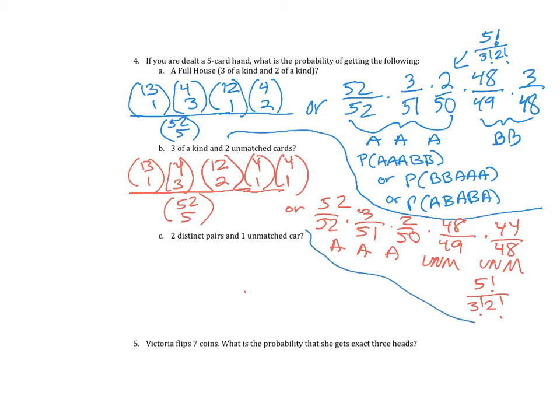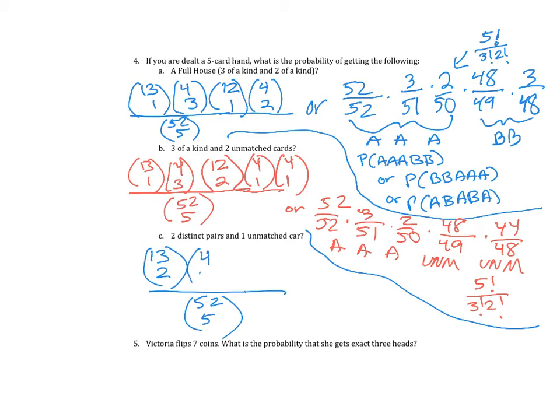Part C here is I want 2 distinct pairs and 1 unmatched card. Okay, 52 choose 5. That's the number of ways I can get a 5-card hand. And for 2 distinct pairs, I want to choose from the 13 ranks 2 that are going to be the ranks for my pairs.